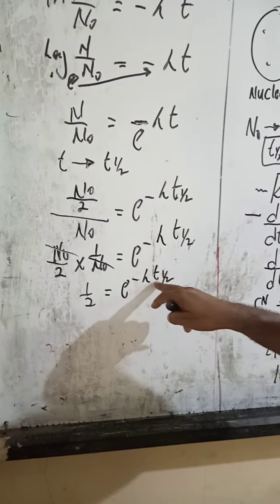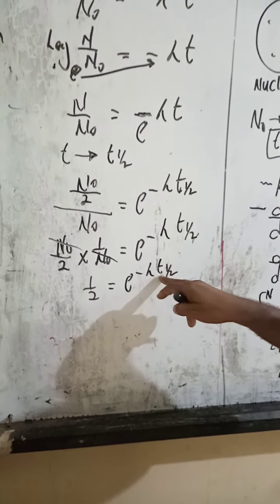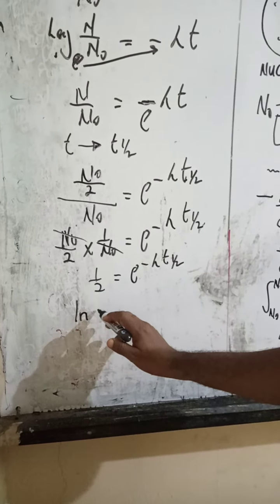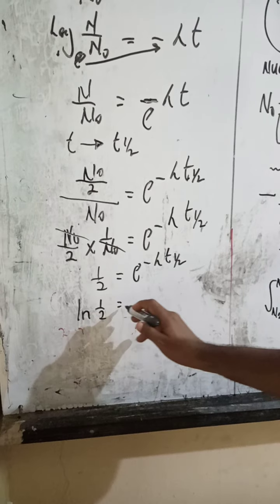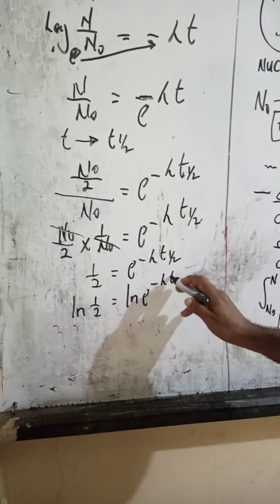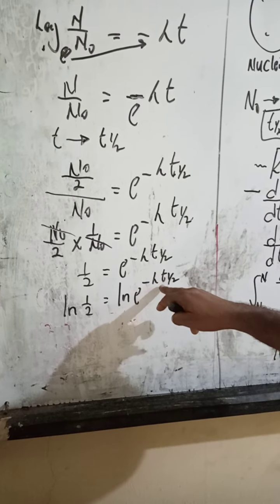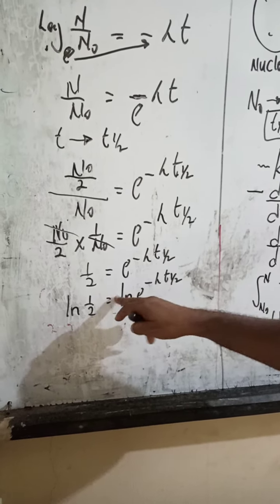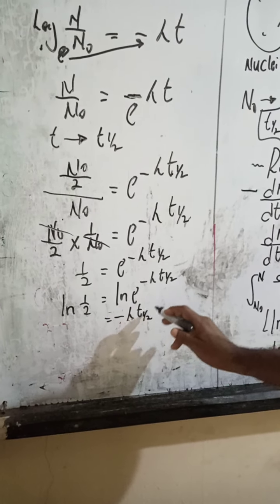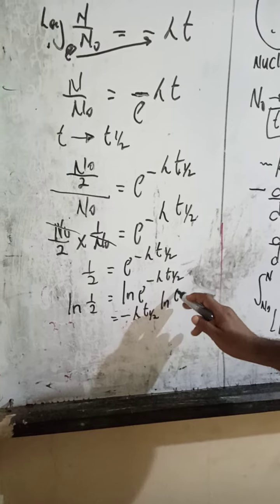Now we want to make t half, the half-life, the subject of the formula. So what I'm going to do is to take the ln of both sides of this equation. Ln of half is equal to ln of e raised to the power minus decay constant times half-life. Then from the law of logarithm, this power will come here. So I'm having minus that times half-life, then ln e.